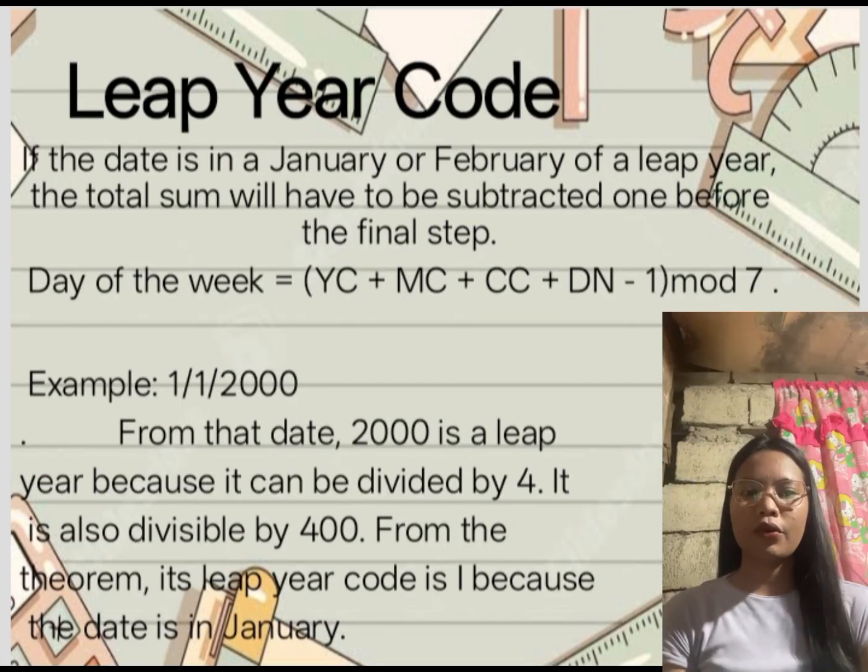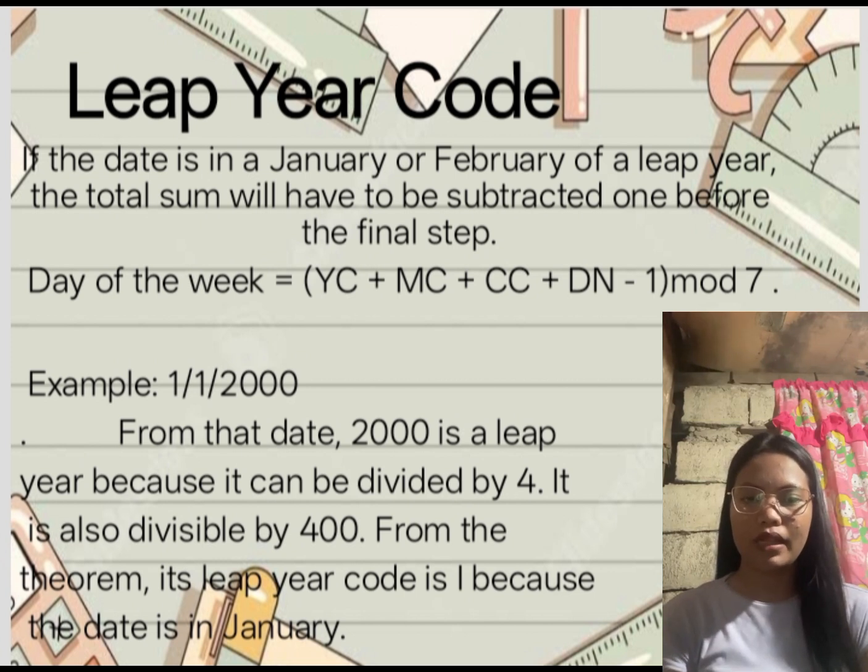For the leap year code, if a Gregorian year can be divided by 4, it is a leap year unless it is divisible by 100. But it is also a leap year if it can be divided by 400.